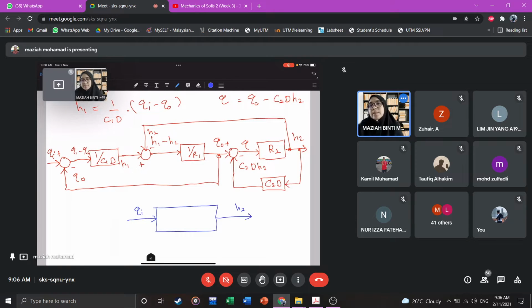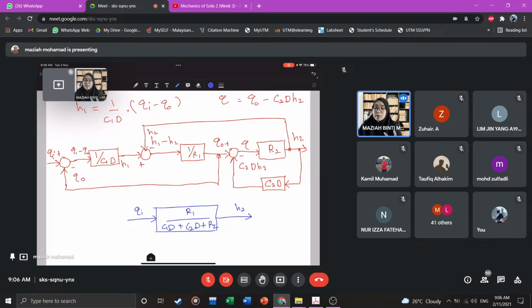As I explained before, from this block diagram we're going to get the final transfer function. So the transfer function maybe becomes like this: R1 over C1D plus C2D plus R2. I don't know. Okay, this is just an example.